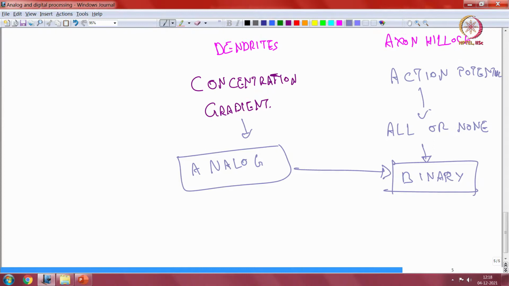So, you have repeated stimulus in one part of it, there is a gradient which is generated, favorable or unfavorable. Favorable is an EPSP, unfavorable is an IPSP. So, this is computed and at the cell body, at the axon hillock, there is one single decision. So, that is the beauty of a single neuron.